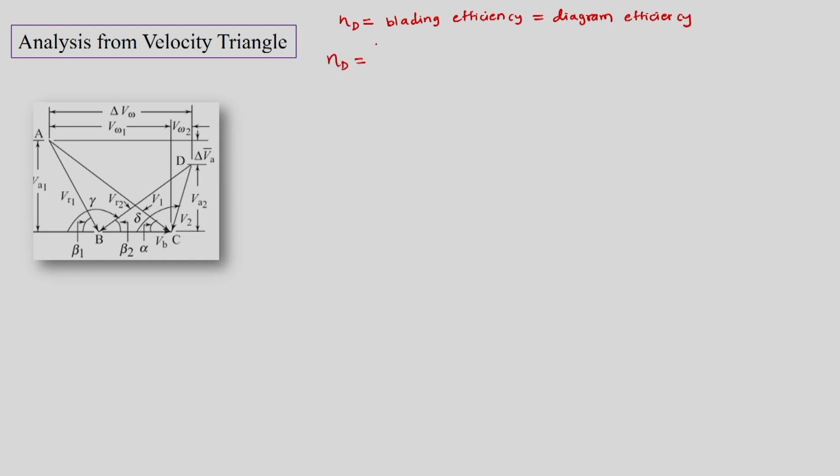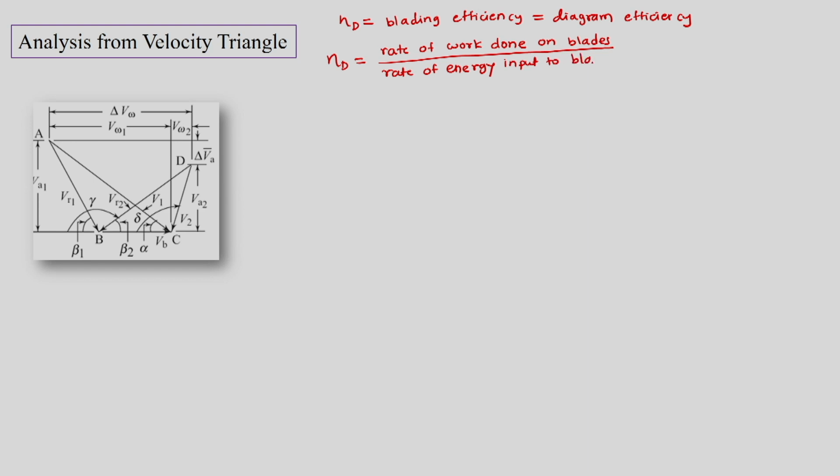It is said that diagram efficiency is equal to the rate of work done on blades divided by the rate of energy input to blades.